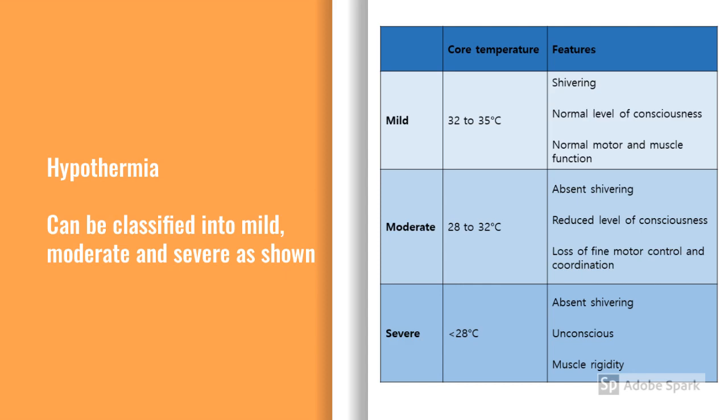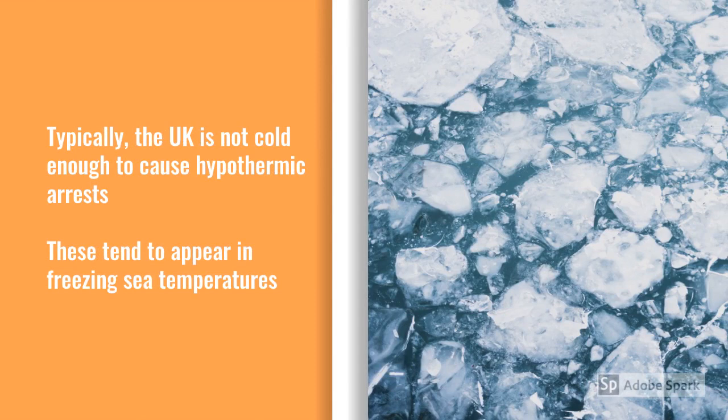And typically, the UK isn't cold enough. The sea isn't cold enough, and most hypothermic arrests are in Arctic Circle type places, Norway, other places outside of Cornwall. My geography is failing me. So I would say maybe the Scandinavian countries, maybe Iceland, Manchester.